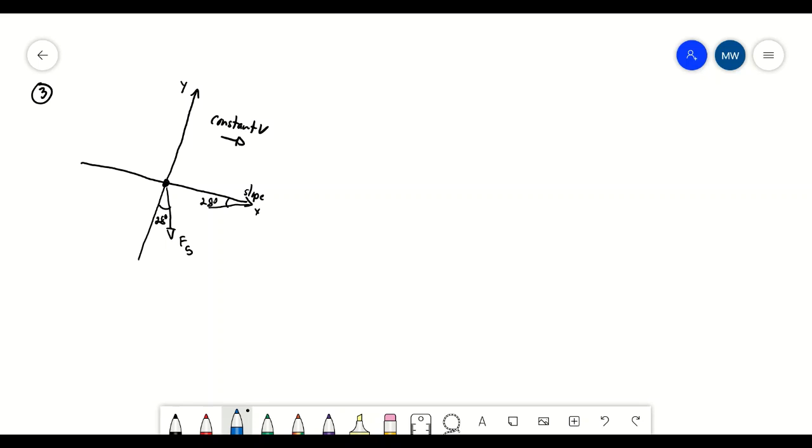Our force of gravity is not on an axis, so we have to put it on the axis. So to do that, just like in previous problems, we'll have to resolve this vector into its x and y components. So here's the force of gravity's x component, and here is the force of gravity's y component.